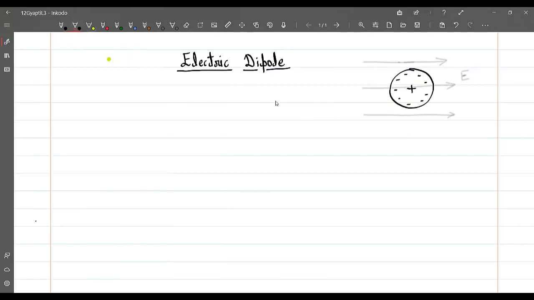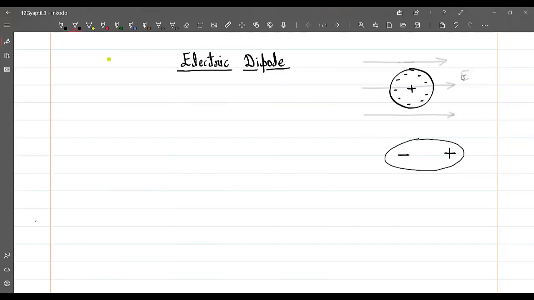And when that happens, a single atom, which was assumed to be spherical, has now a distorted shape. The center of positive charge has now moved to one end, and the center of negative charge has moved to the other.